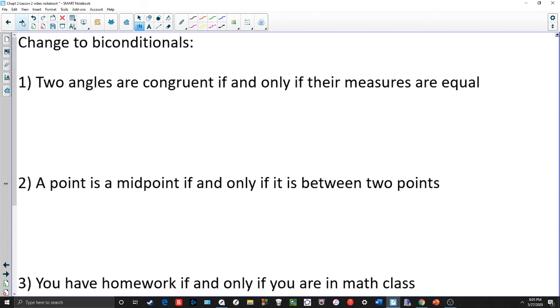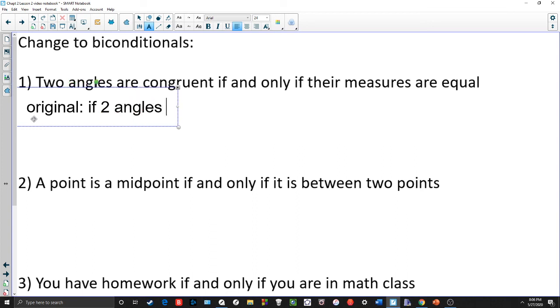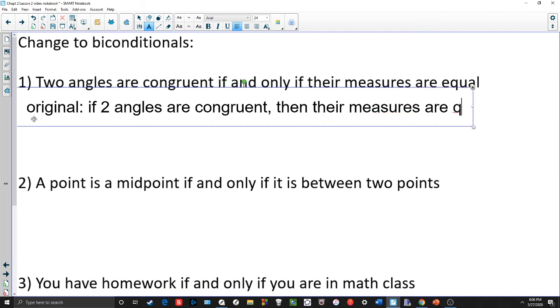So let's try one for you here. Two angles are congruent if and only if their measures are equal. We need to check two things. In order for this to be true, the original would be: if two angles are congruent, then their measures are equal.